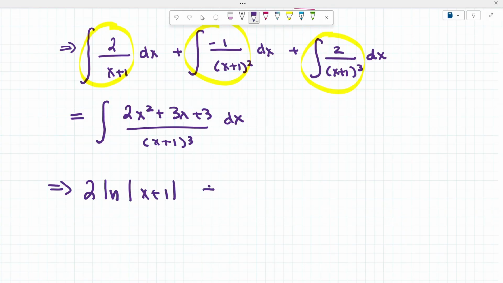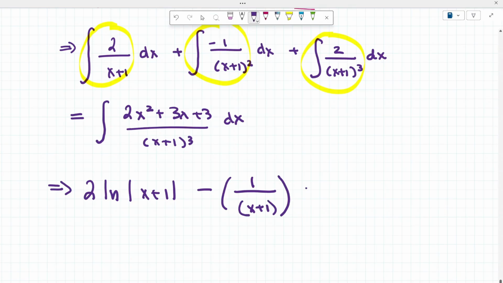And then we have minus, what do we have here? We got minus 1 over x plus 1. Sorry, not the absolute value, just x plus 1.